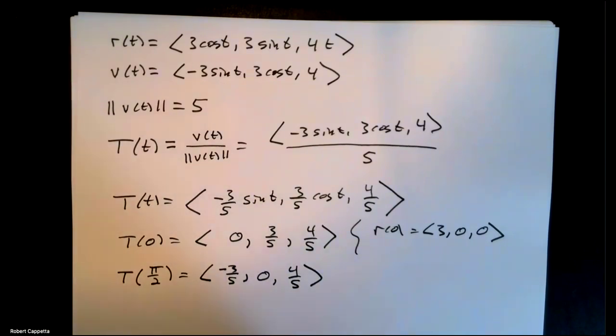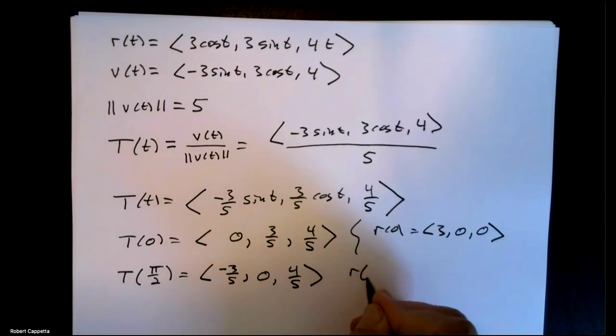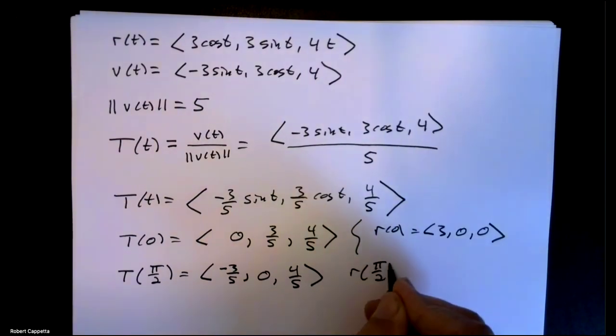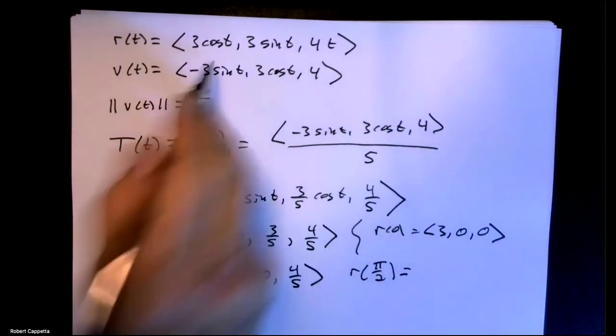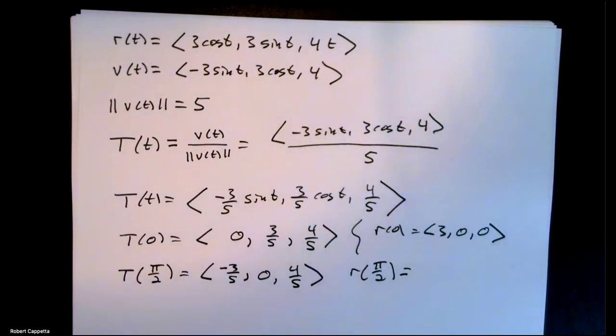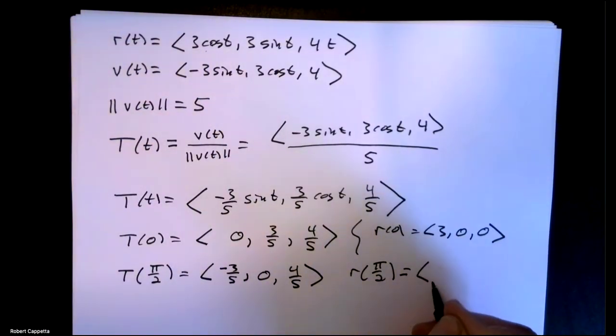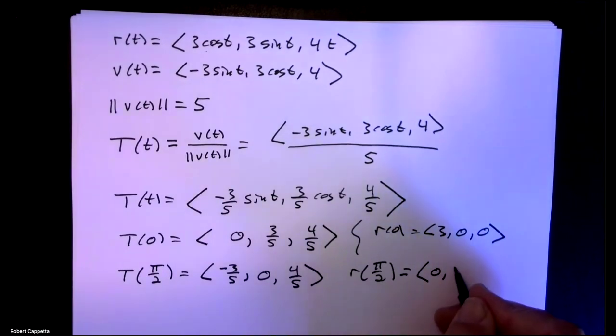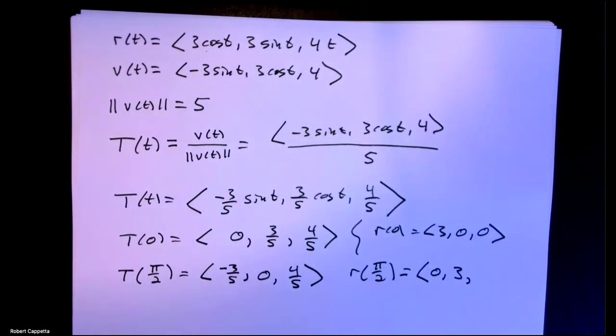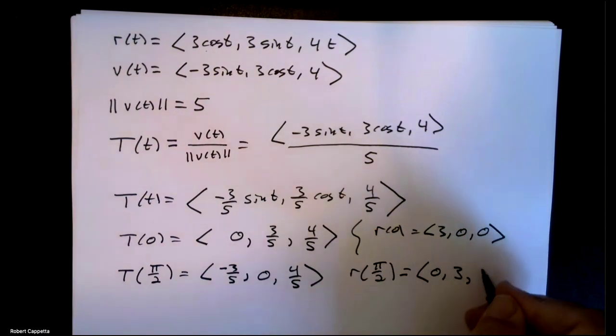What is r of pi over 2? Plugging pi over 2 into the original, 3 times cosine of pi over 2. Cosine of pi over 2 is 0, so that's 0. 3 times sine of pi over 2, that would be 3. 4 times pi over 2 is what? It's 2 pi.